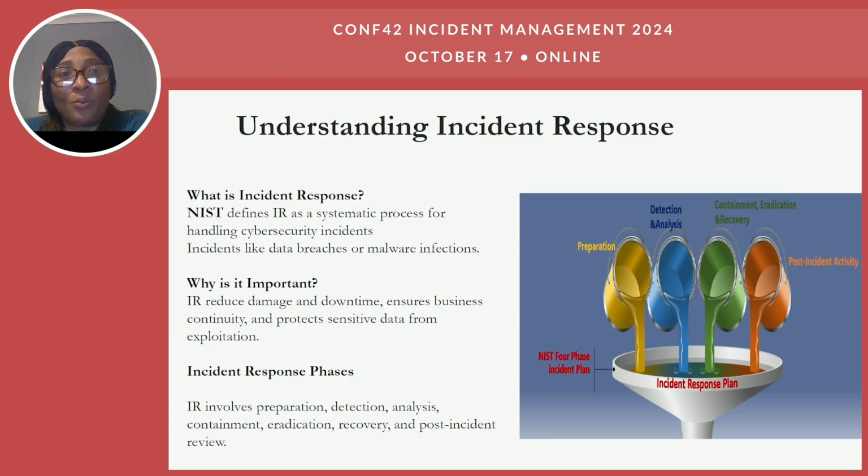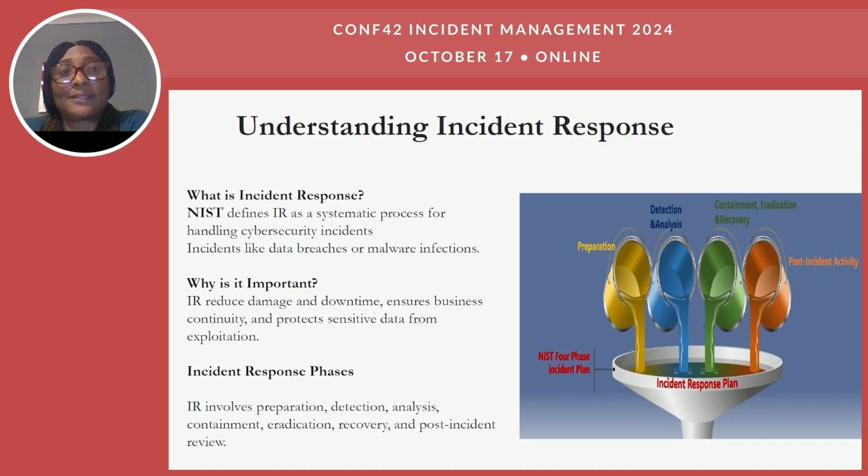One of the reasons is that it helps to reduce damage and downtime. It also ensures business continuity and protects sensitive data from being exploited by threat actors when there is an incident.